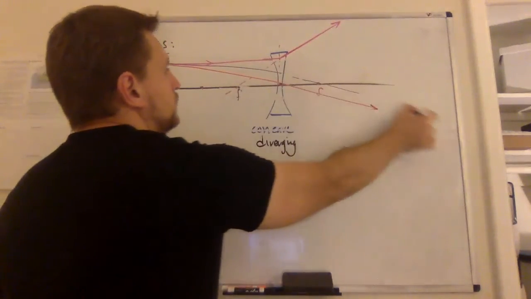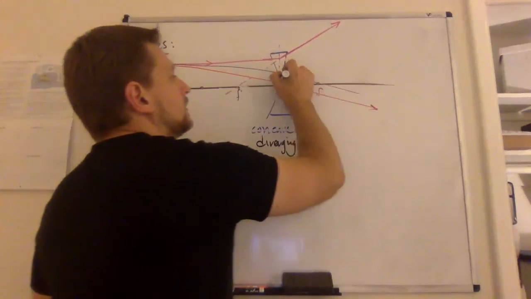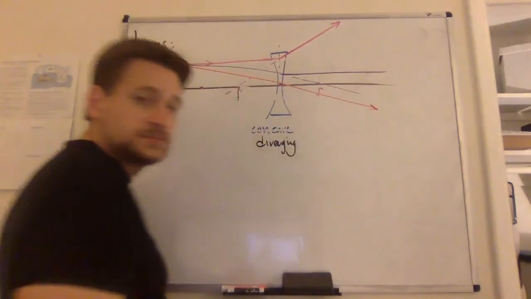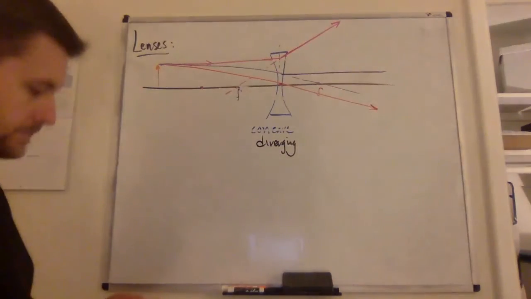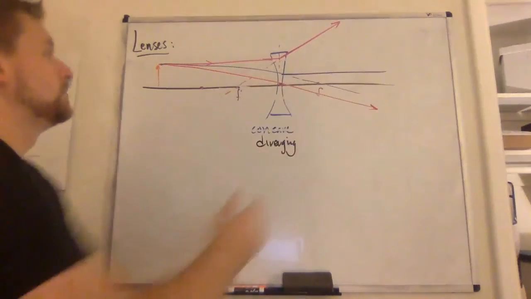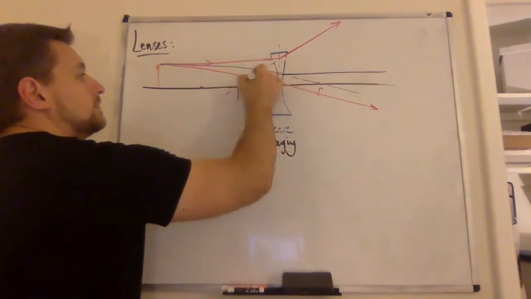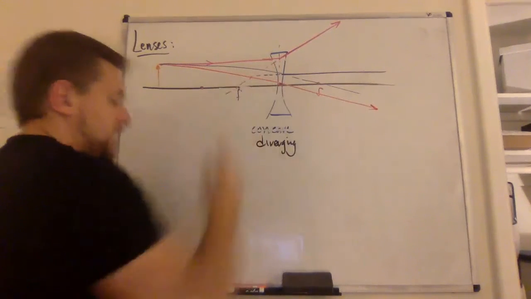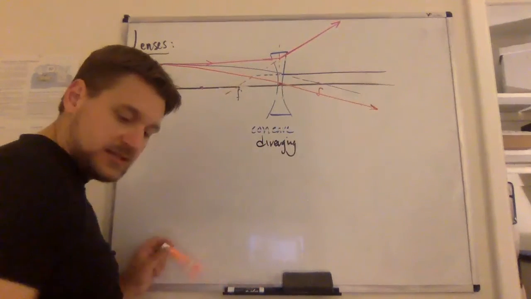Going through the focal point, it leaves parallel, bending away from the direction it's going. If we back cast that we end up at the same spot, and we say that the image is here.